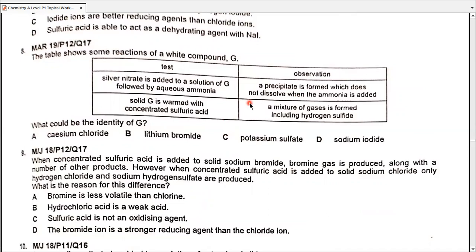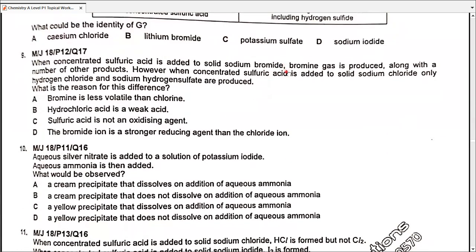A mixture of gases is formed, including hydrogen sulfide. D. Sodium iodide. Right, perfect. Okay, 9.